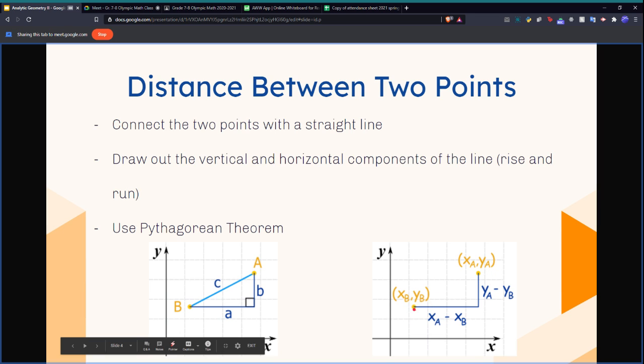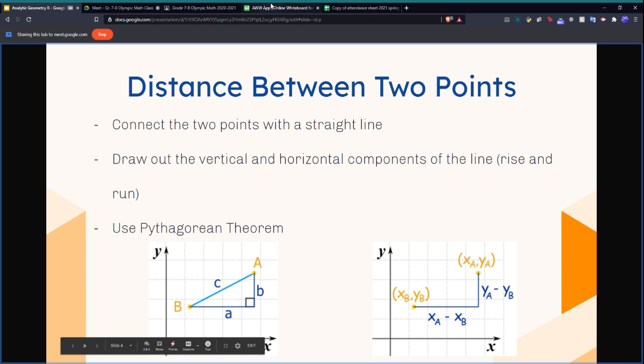The horizontal component, from here to here, is the difference between the x coordinates, so xa minus xb. If you do the Pythagorean theorem on that, you get, in brackets, xa minus xb all squared, plus, in brackets, ya minus yb all squared, is equal to c squared.